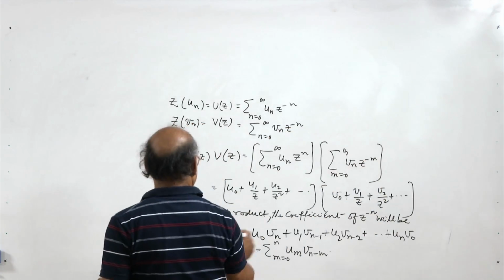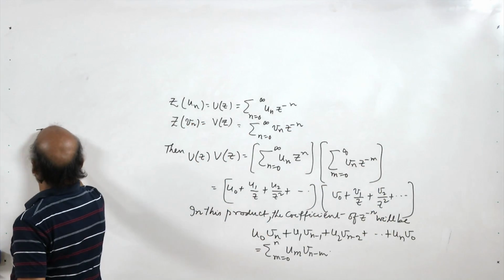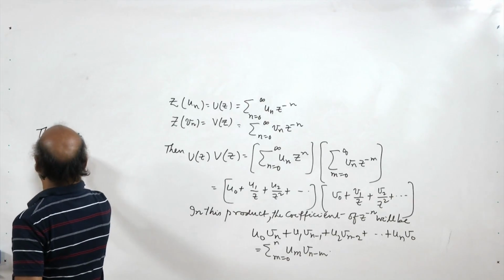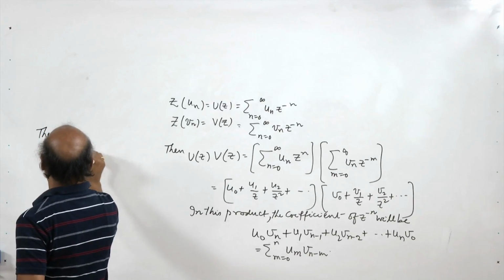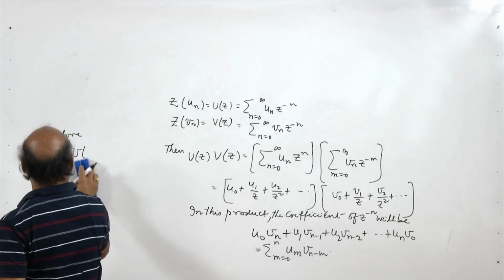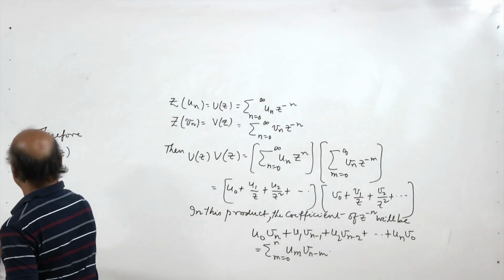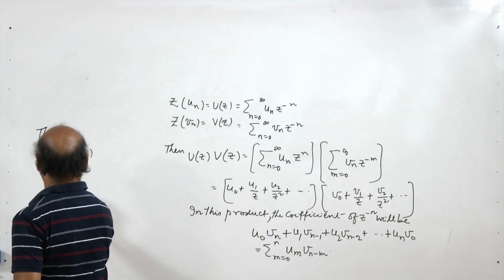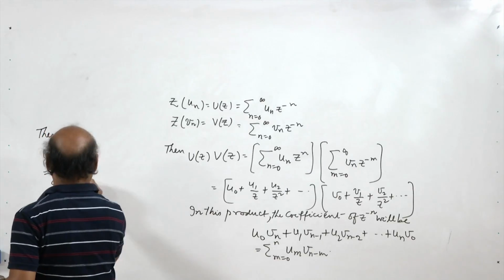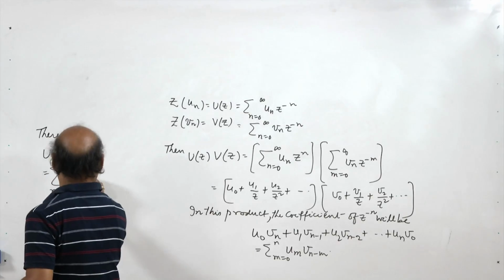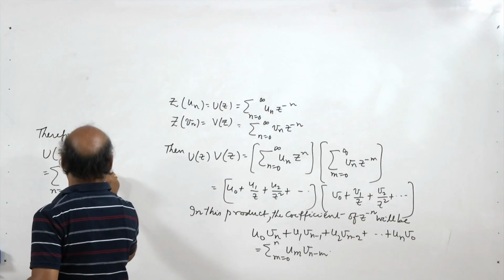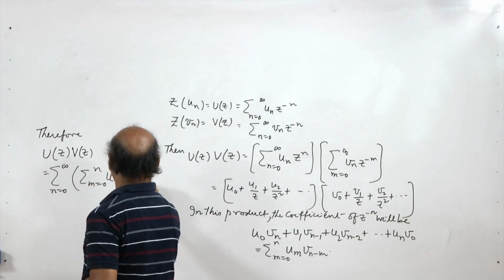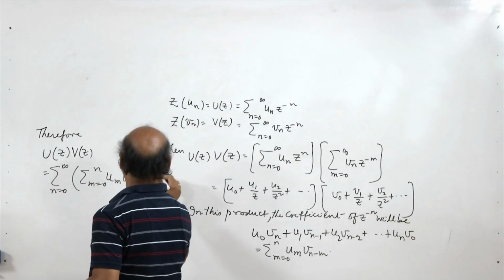Therefore, U(z) into V(z) may be written as summation n equal to 0 to infinity of sigma m equal to 0 to n u_m v_(n minus m) into z to the power minus n.